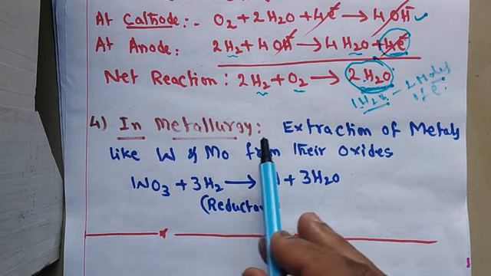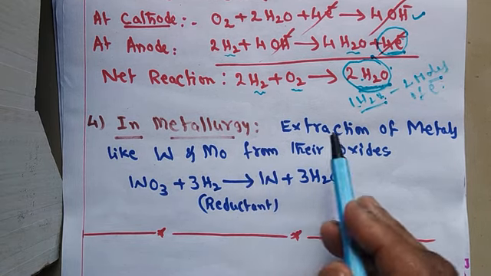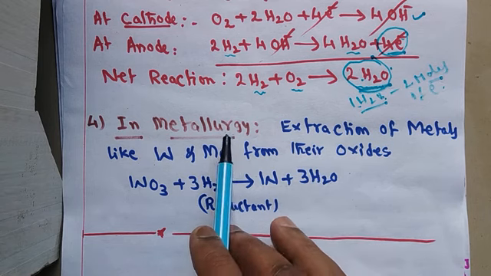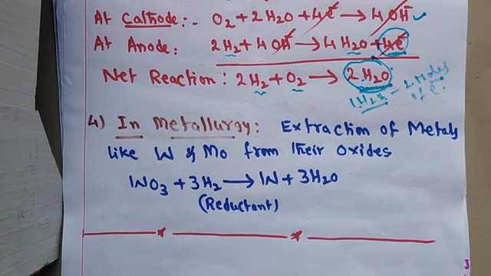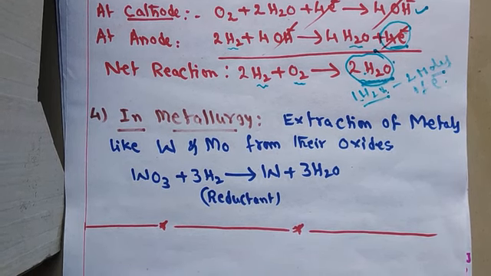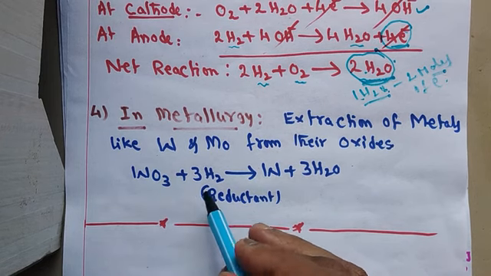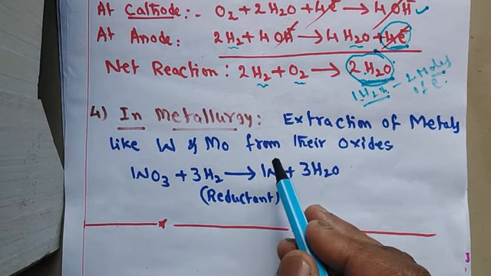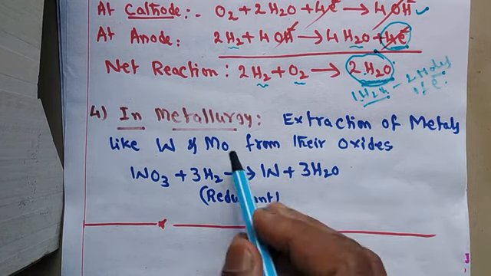Next, children, metallurgy is one more application. Already discussed previously, hydrogen is important in the extraction of metals because it acts as a best reducing agent. Especially tungsten metal or molybdenum metal is extracted by using hydrogen as a reducing agent, with the corresponding compounds.